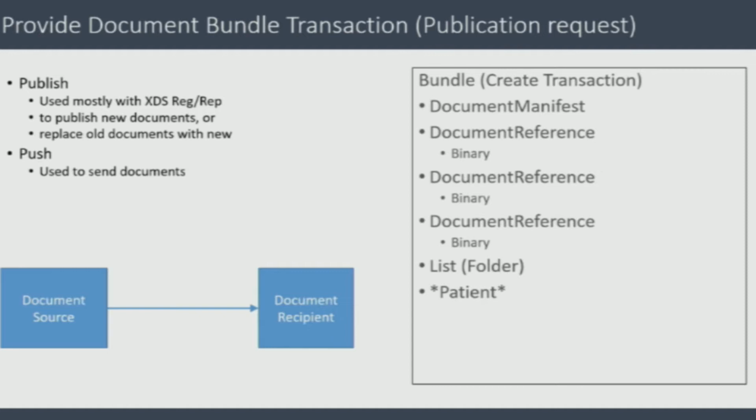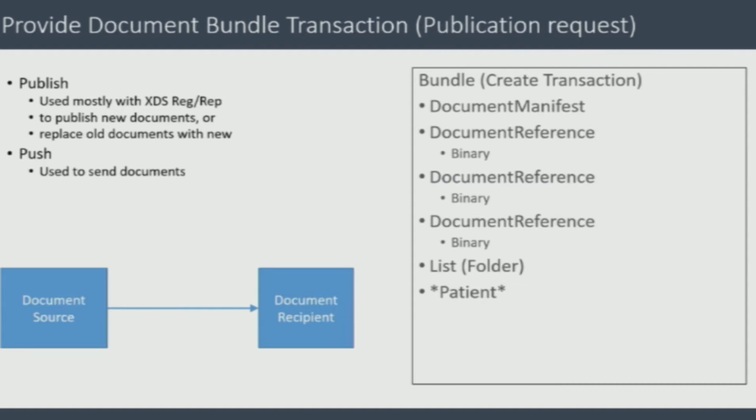Then you describe the document, the metadata, in the document reference, and you can publish it. We do use list for the equivalent of an XDS folder. And then in the bundle, you might include the patient, or you might include the patient by reference.